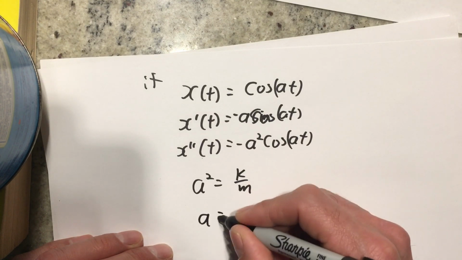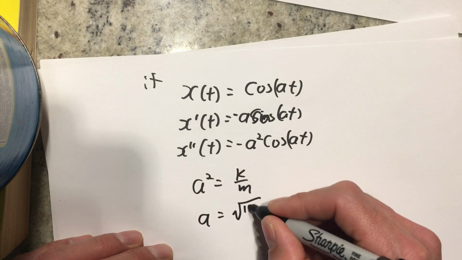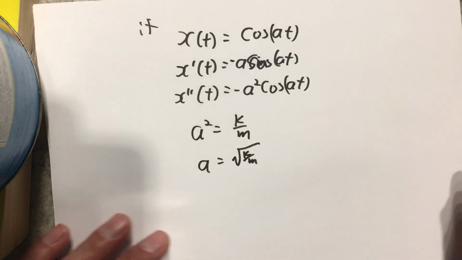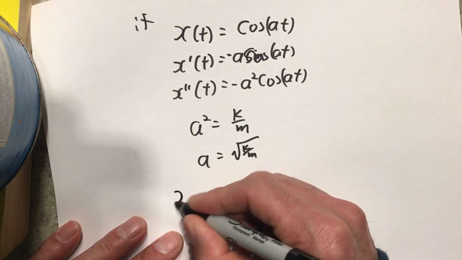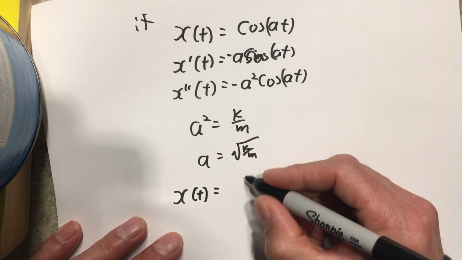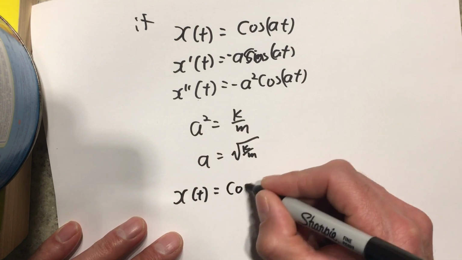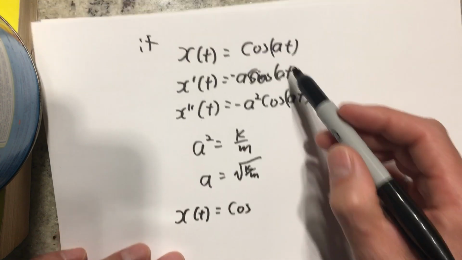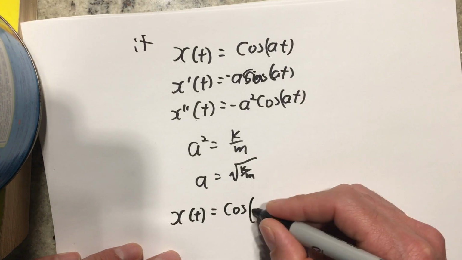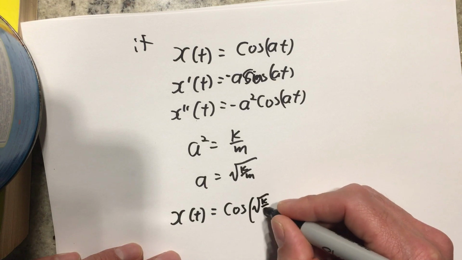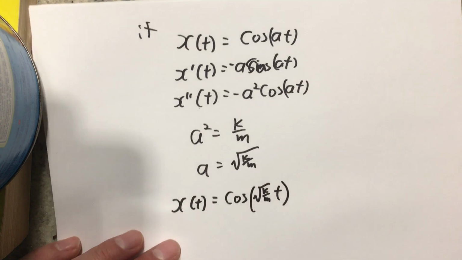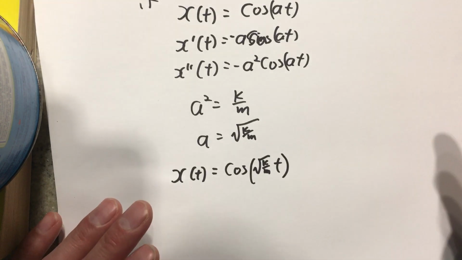Then that would make a equal to the square root of k over m. Now when we piece this together, x at t is equal to the cosine of the square root of k over m times t. So we're almost there.